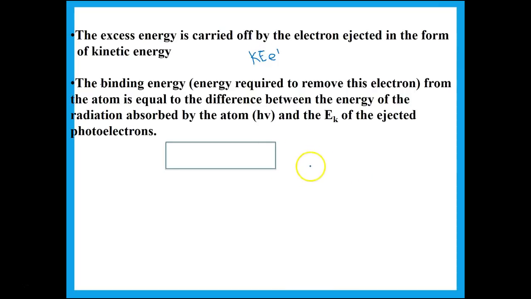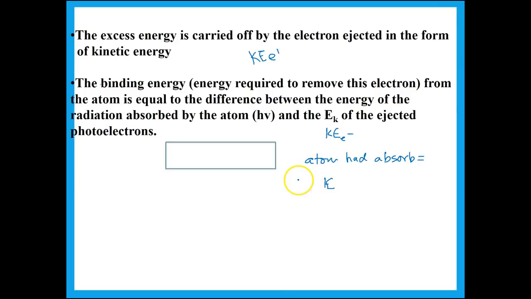That means that the atom had to absorb an amount of energy equal to the ionization energy in order to release that electron. There's an energy cost. So the atom has to absorb that from the photon, and anything left over is the kinetic energy of the electron.